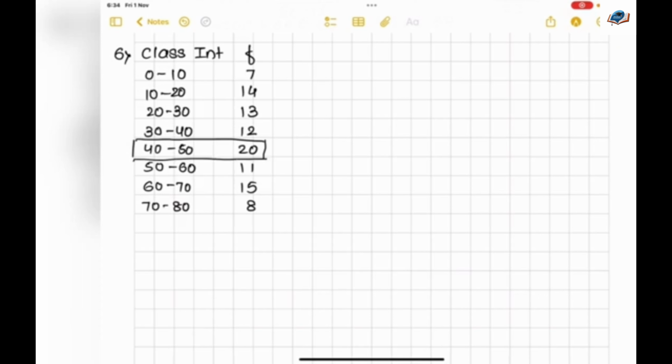So, modal class is 40 to 50 with frequency 20. So, L equal to 40, H equal to 10, F1 equal to 20, F0 will be one observation above F1, so that will be 12, and F2 is one observation below 20, so that is 11.